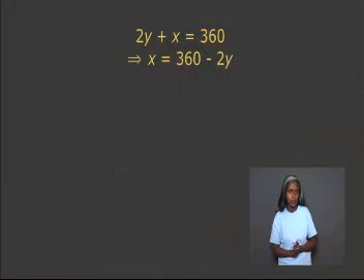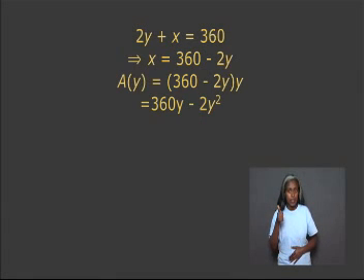In order to do this, let us use the given information that the total length of the fence is 360 meters. X equals 360 minus 2y.